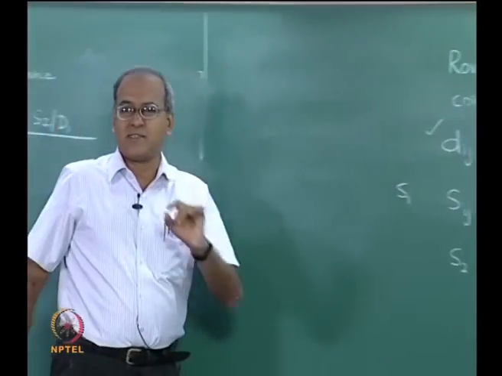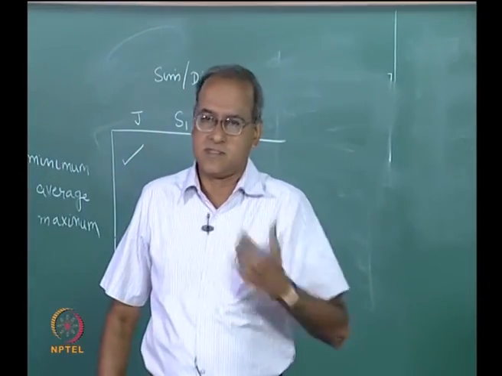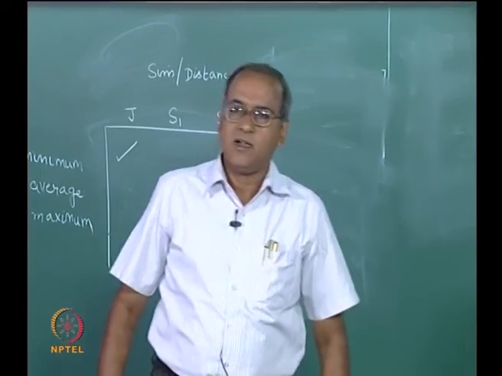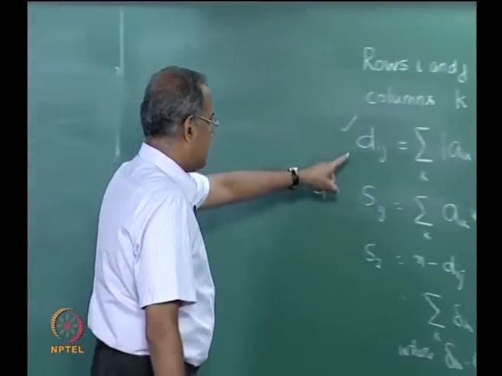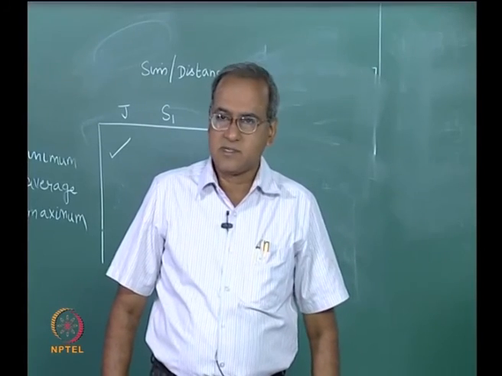Instead of maximizing the similarity, we minimize the dissimilarity or distance. So, we will now define a distance matrix from now on, which will be based on this particular expression to compute the distance matrix given a machine component incidence matrix.